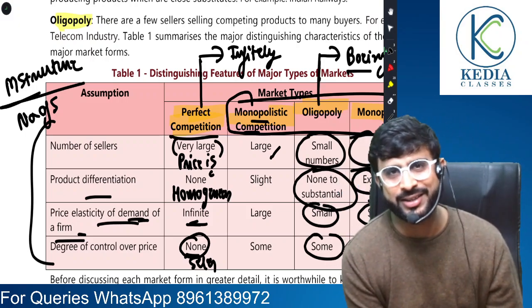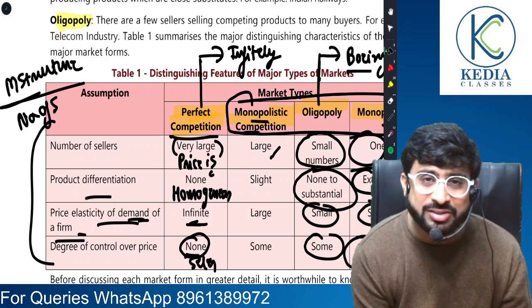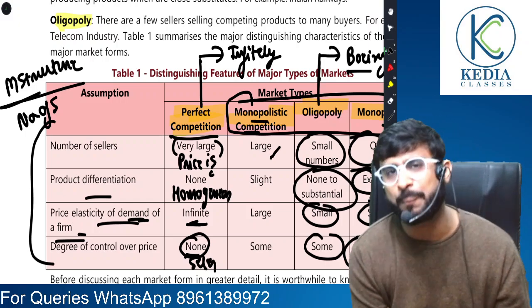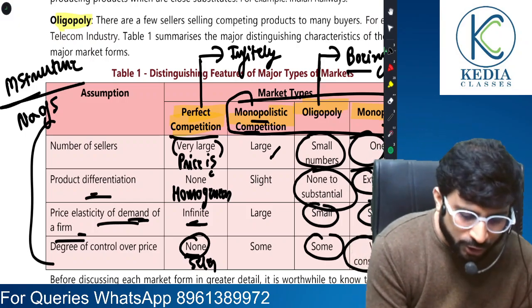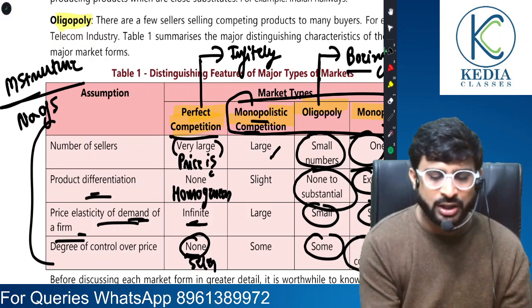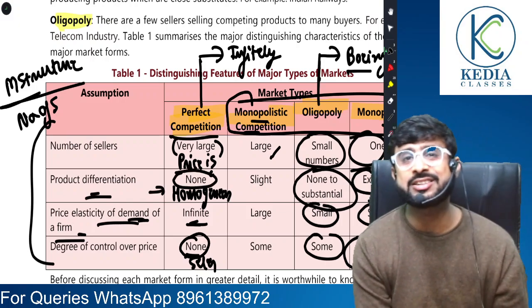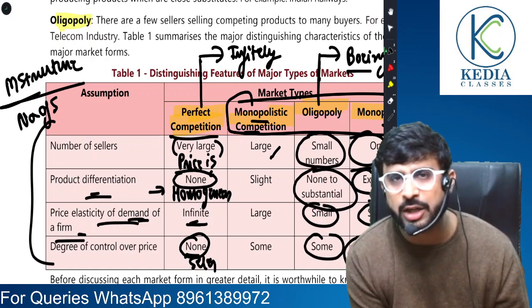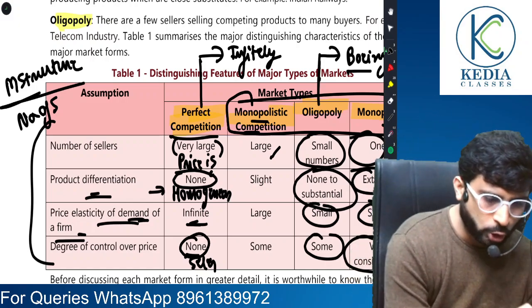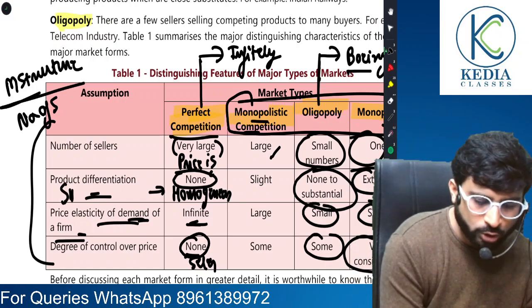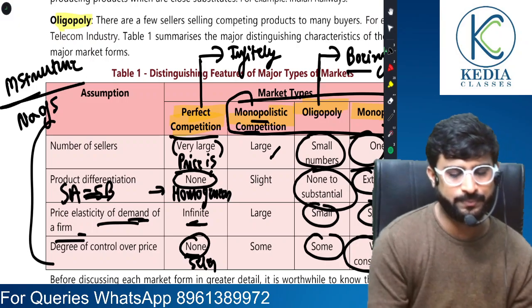There is no market in reality, dear students, which is clear cut example of perfect competition. Moving on, product differentiation. Yes, there is no product differentiation here. Products are homogeneous, means exactly 100% the same. Product sold by seller A is equal to the products sold by seller B.